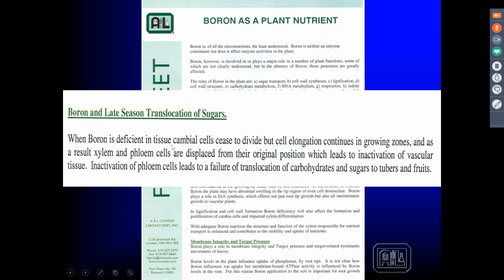In boron deficient tissues, cells cease to divide, but elongation still continues in these growing zones. And what happens is that phloem basically breaks down and becomes a bit of a problem. We know what boron levels have to be in fields, but even if we have these levels in dry conditions, we still might have a boron problem.